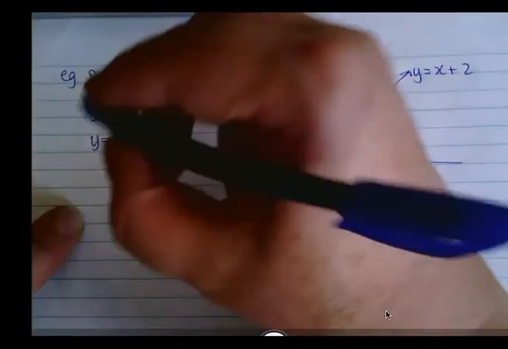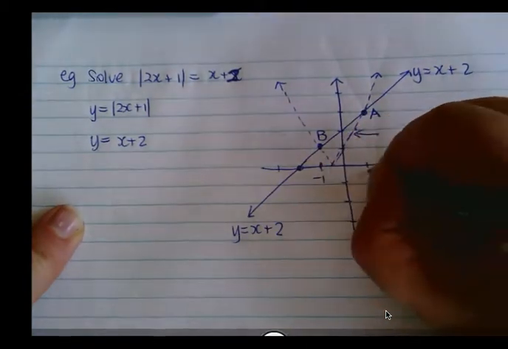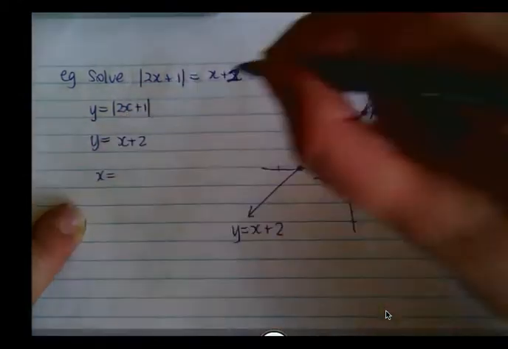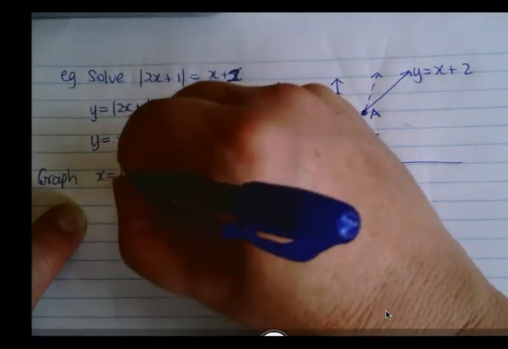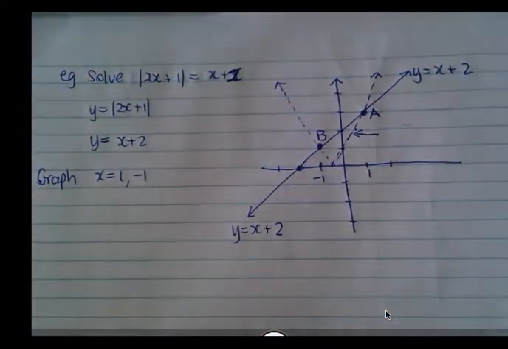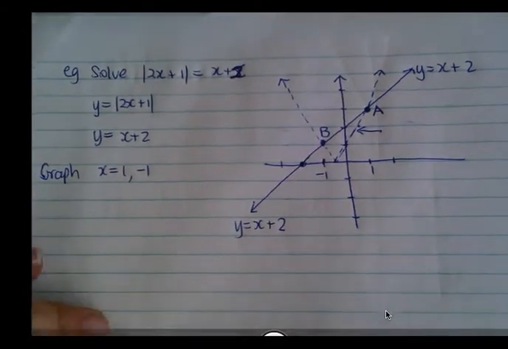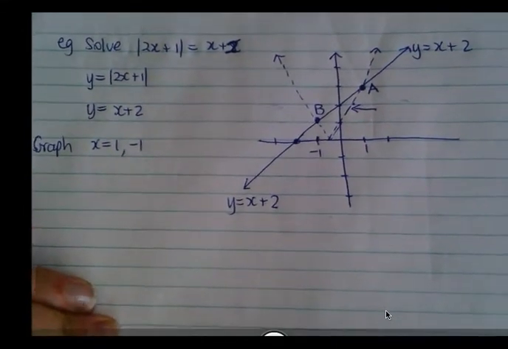Reading from the graph, we can see that x equals 1 and negative 1 are our solutions. But what we're going to do is solve this using algebra.